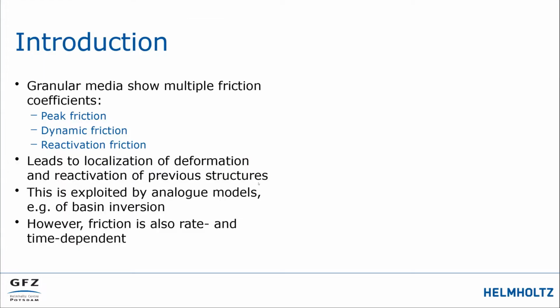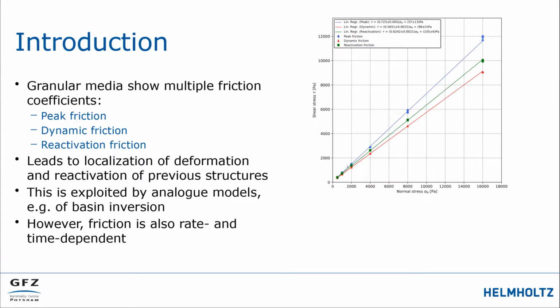As an introduction, I can tell you that granular media have multiple friction coefficients. You see on the right here a typical Mohr-Coulomb curve. What you do is put your material under a certain normal stress and then start shearing it.